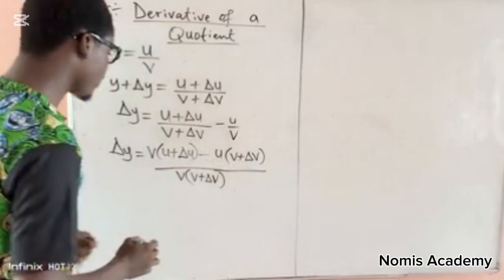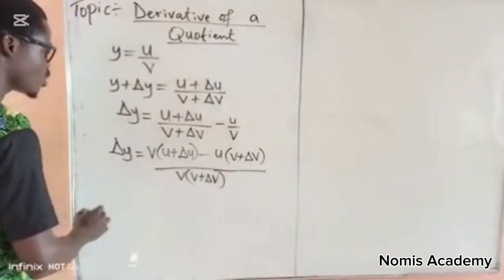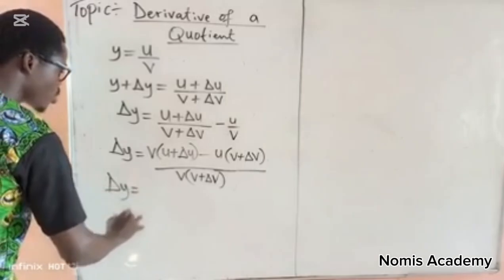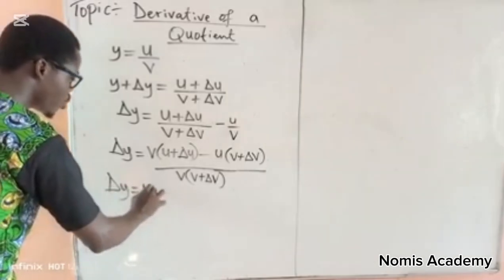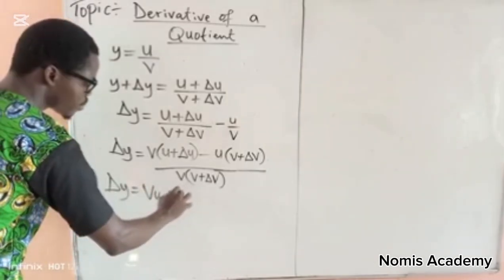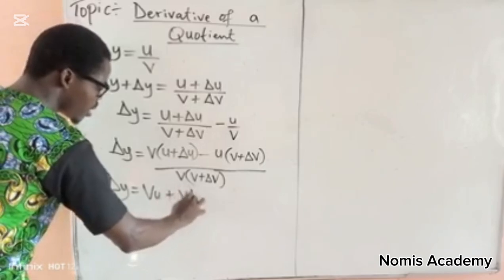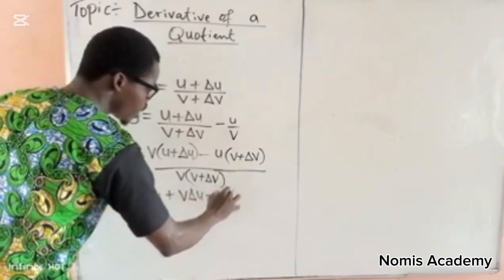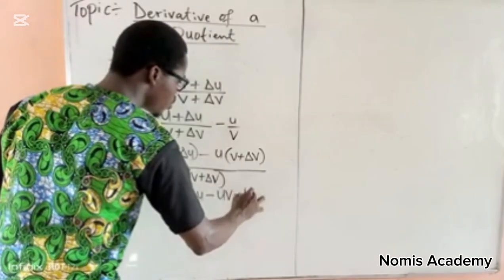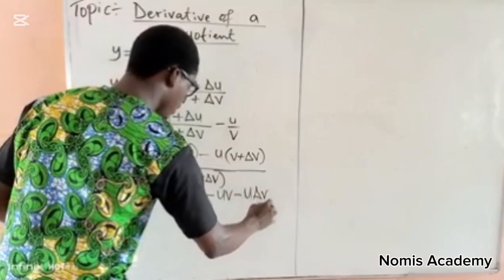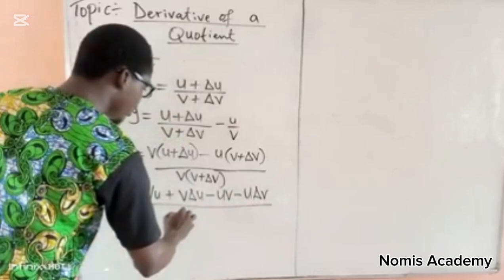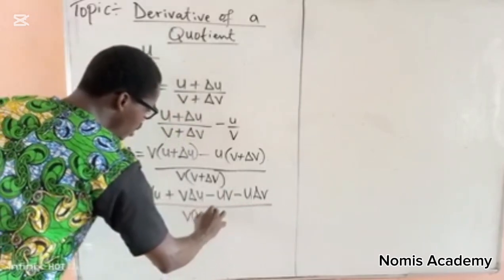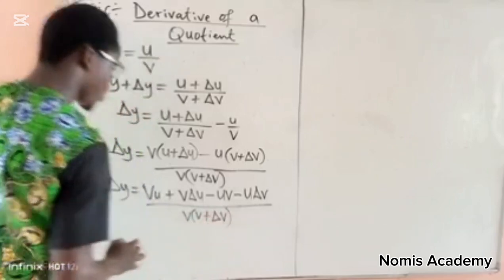Now we can simplify what we have here, and that will give us delta y equal to vu plus v delta u minus uv minus u delta v all over v into v plus delta v.